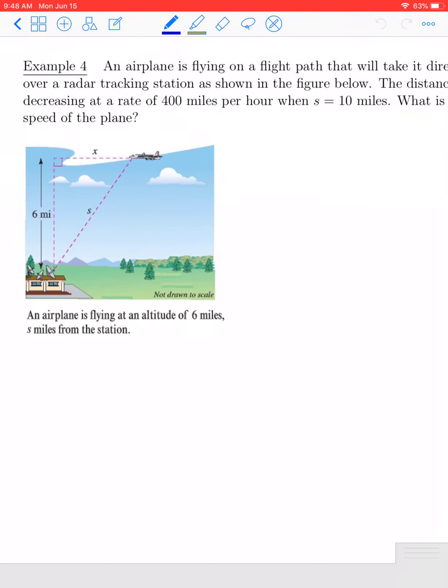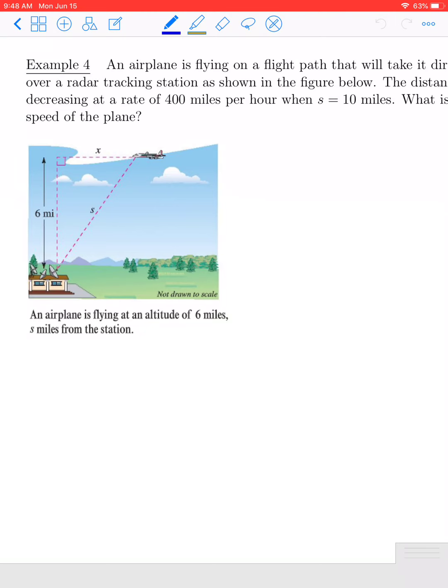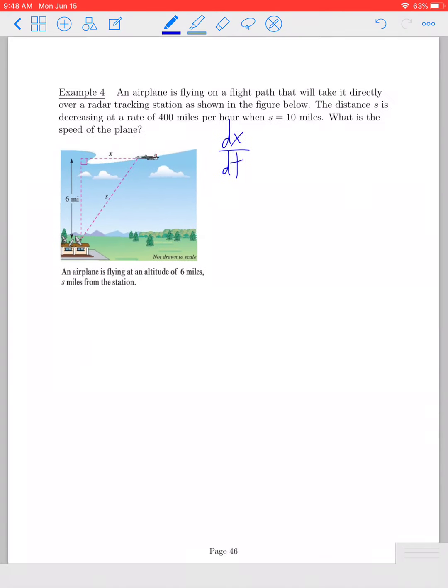So if we look at this diagram, we know that the plane is flying horizontally, and the speed of the plane we can represent by the expression dx/dt. It's the rate of change of its position in the x direction. We know that the distance is decreasing at a rate of 400 miles per hour.